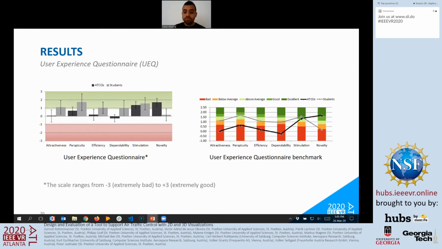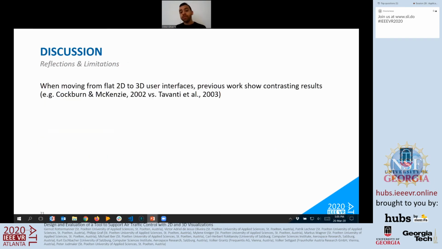What does that mean then? If we just think about those results and we take a look at previous work in which 2D is compared to the 3D interface overall, we can see contrasting results in which, for instance, Cockburn and McKenzie have shown that user performance decreases when moving from a 2D to a 3D interface, while Tavanti and colleagues actually show an improvement.